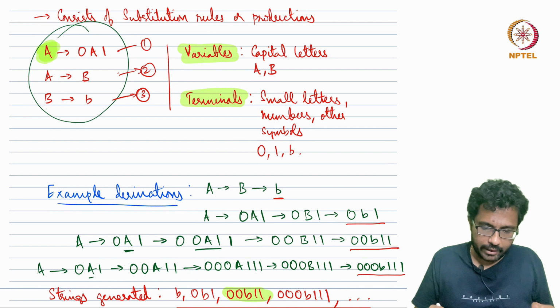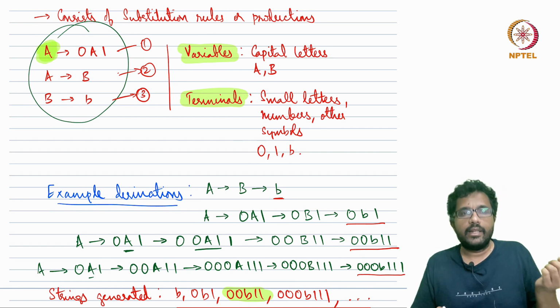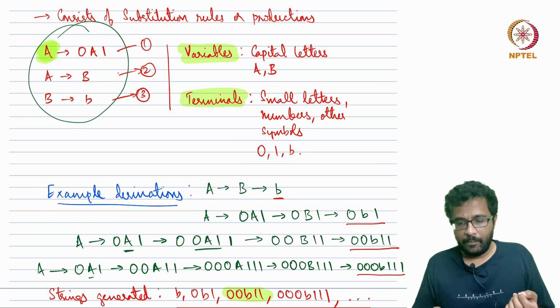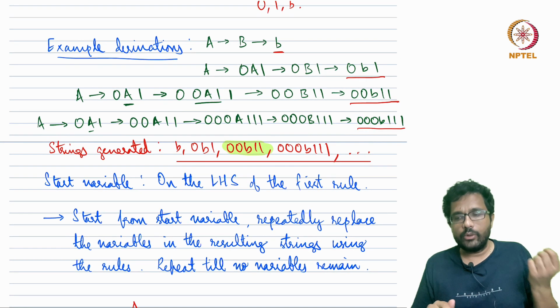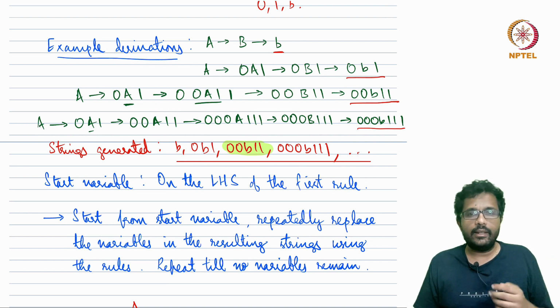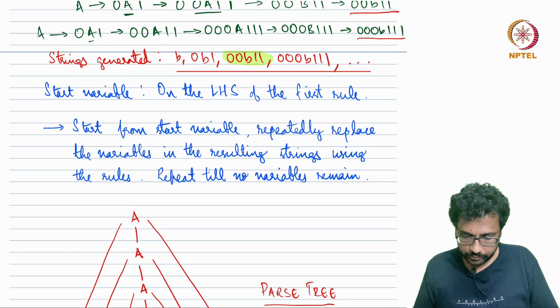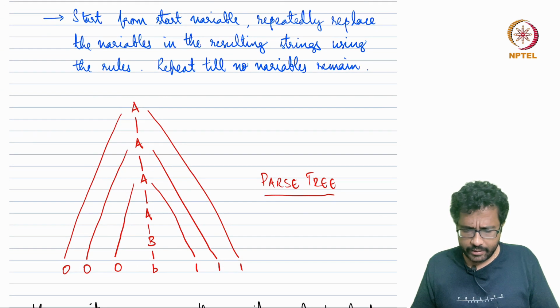Here we have three rules: replace A with 0A1, replace A with capital B, replace capital B with small b. You do that until you end up with a string consisting only of terminals, completely eliminating variables.